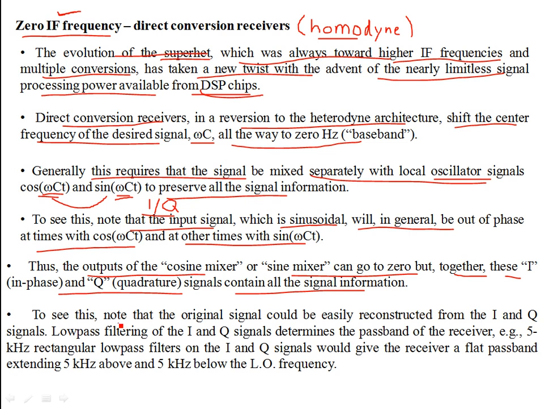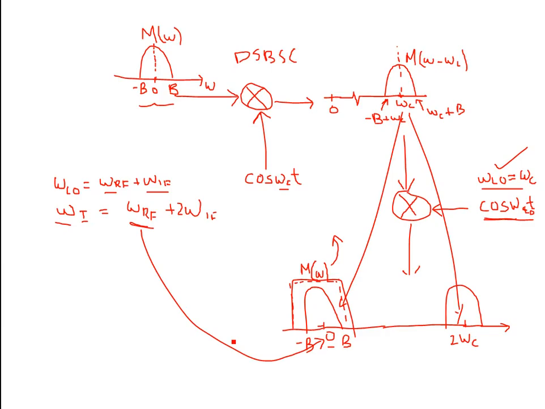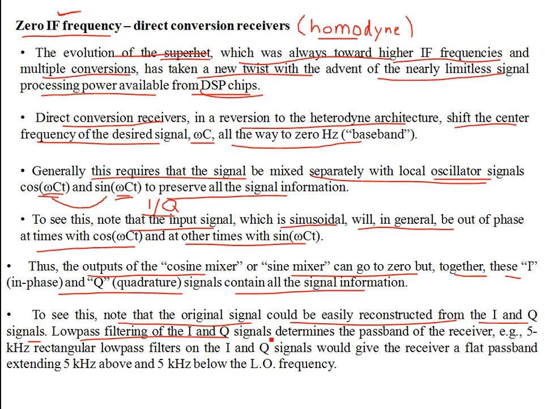To see this, you note that the original signal could be easily reconstructed from the I and Q signals. Low pass filtering of the I and Q signals is going to bring the modulated signal back to the baseband. So you can extract the baseband signal from both I and Q channels, and you can have a passband receiver.